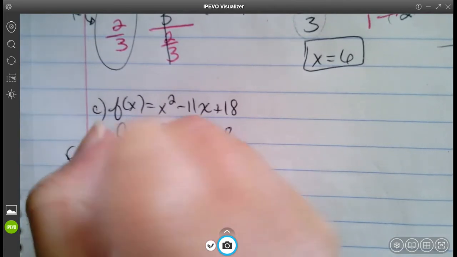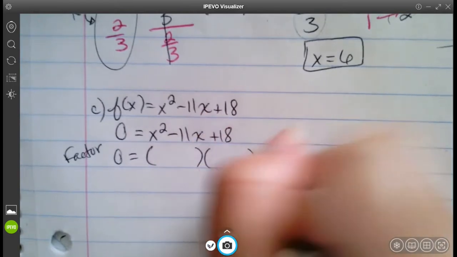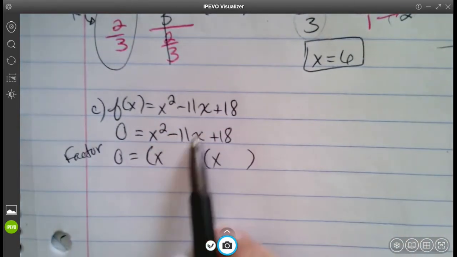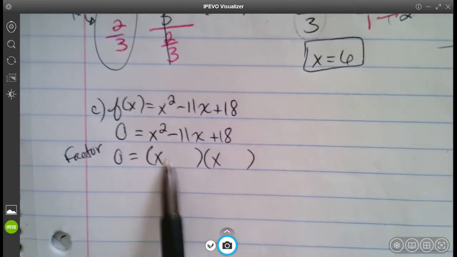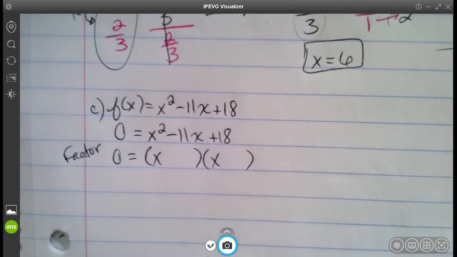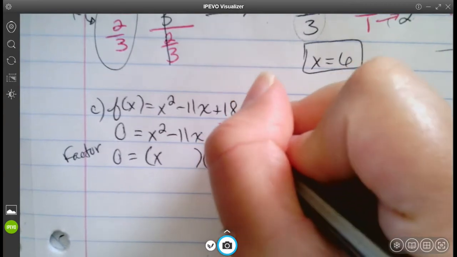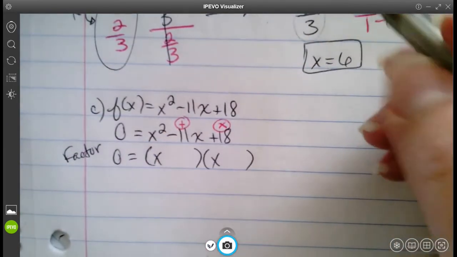And we've done this once or twice, I think, so far. So the factoring looks like this, where you have the 2 parentheses. We're going to factor this trinomial into 2 binomials. So 3 terms into 2 of them, okay? So we have to find a number that multiplies to the 18 that also adds up to -11.